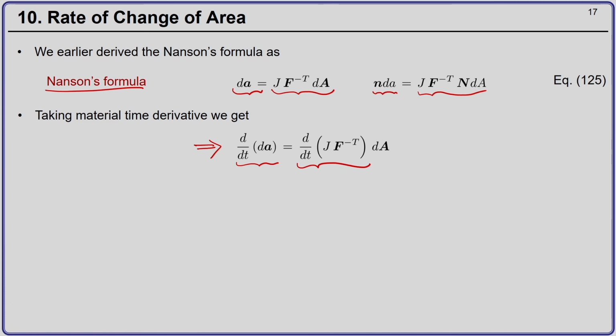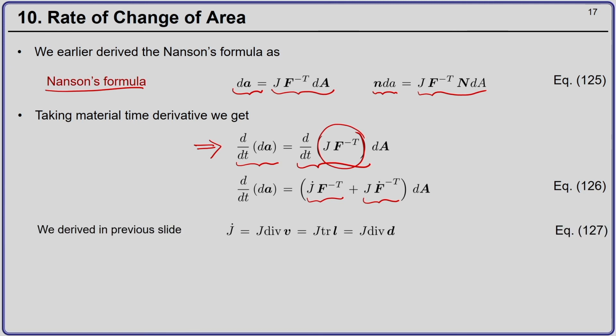Now, the material area element d capital A is a constant quantity, so it can be taken out. I can take the time derivative inside the bracket and write J dot F inverse transpose plus J times the derivative of F inverse, transposed.